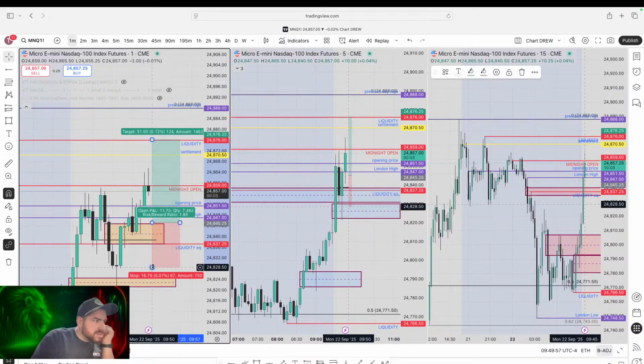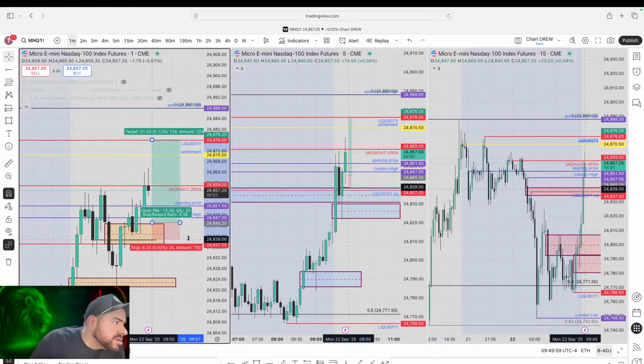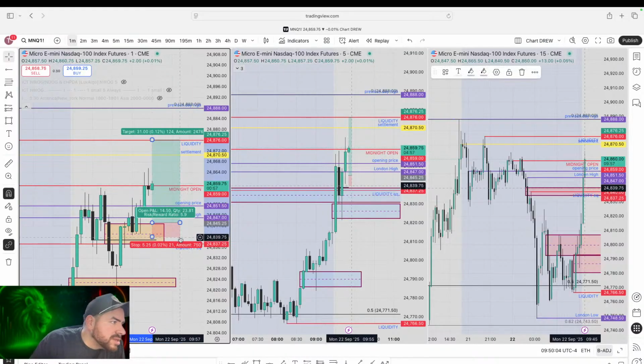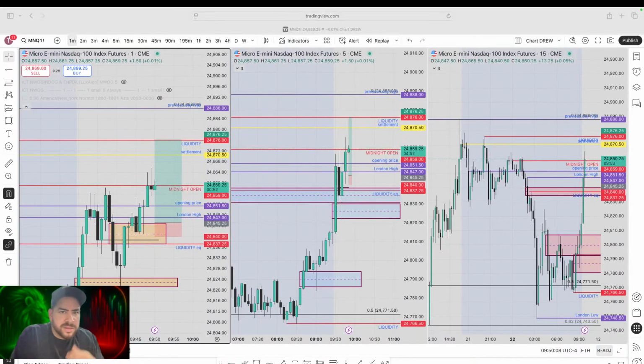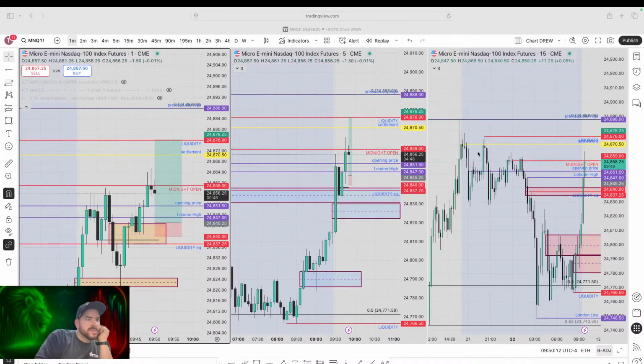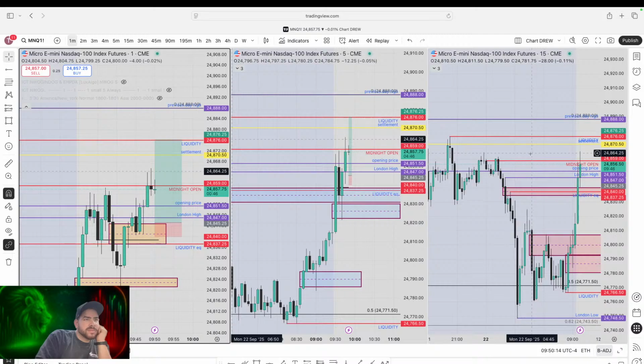I'm gonna adjust my stop loss to be 840 exactly, so we'll leave it there. Let it hit something, see what happens. Took a little liquidity out right now, so we'll see.